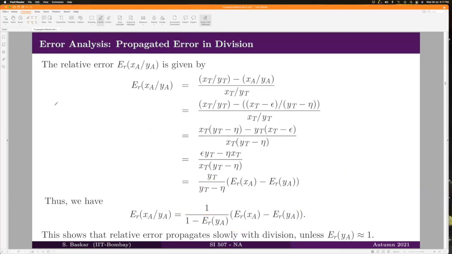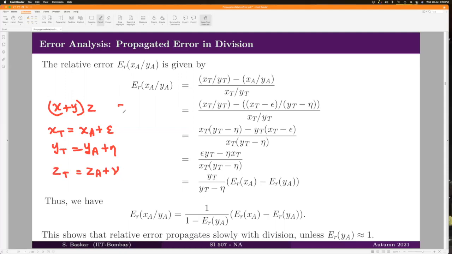From the examination point of view, if I ask you to find the propagation of the relative error in an expression, say x plus y into z, then what you have to do is take the true value of x as xt and write it as xa plus some epsilon, and similarly yt as ya plus some eta, and zt as za plus some nu.